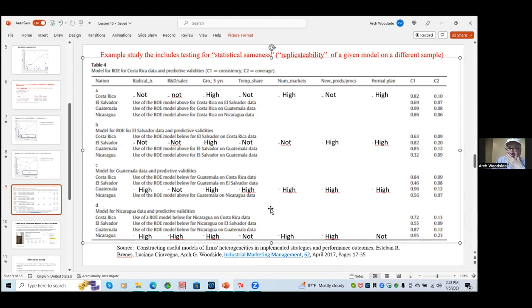So we have here 4 different models that work well in about 2 countries among the 4 countries studied. And so we have some complexity in the findings, but I don't think it's overwhelming complexity. But it shows you how to look at generality, and it looks at the question of, are your findings general for firms in different countries? So that's a very good step to take.